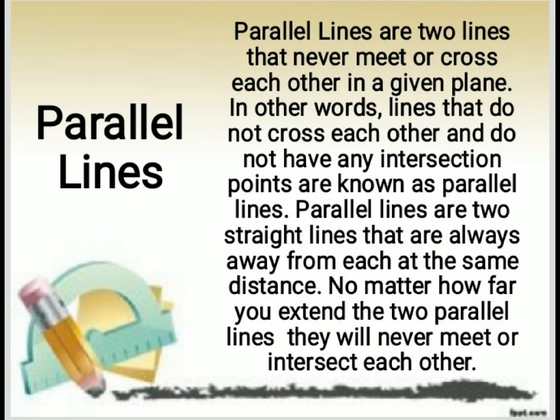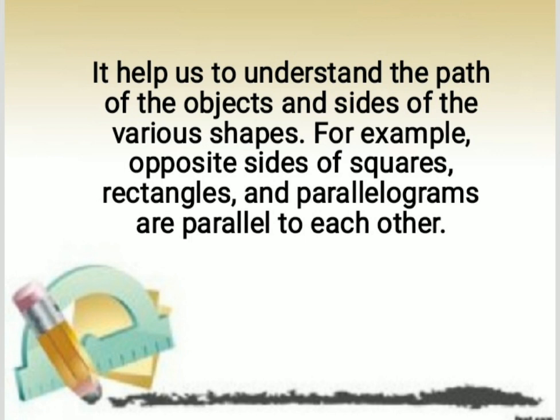Parallel lines are two straight lines that are always at the same distance from each other. No matter how far you extend the two parallel lines, they will never meet or intersect each other. It helps us to understand the path of the objects and sides of the various shapes.